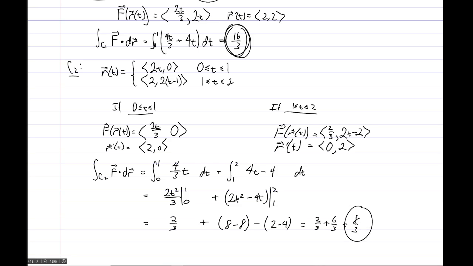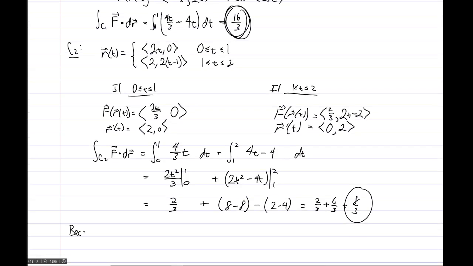The fact that the final answers are different is rather important for us. We should mention here that because the line integral over c1 of f dot dr did not give us the same number as the line integral over c2 of f dot dr, the vector field F is not conservative.